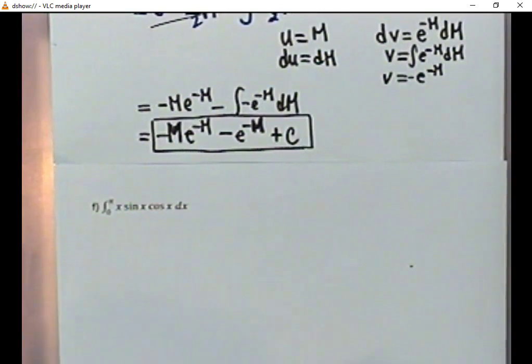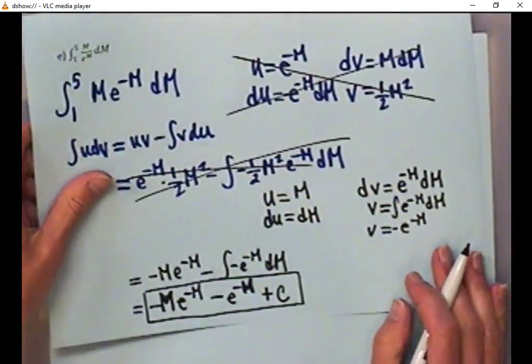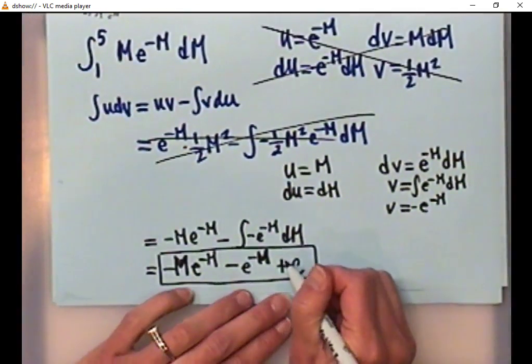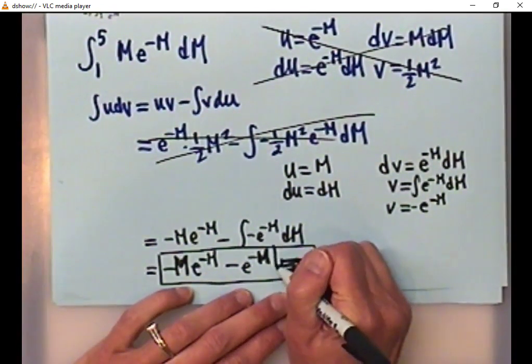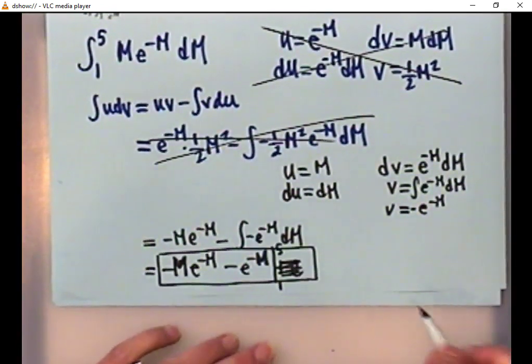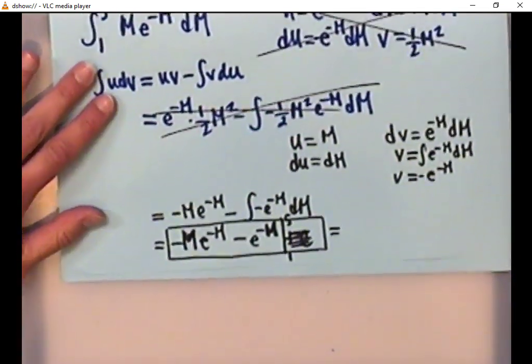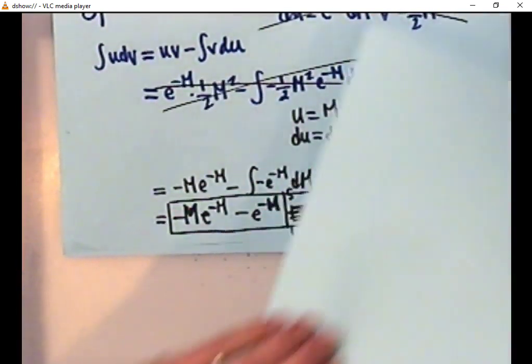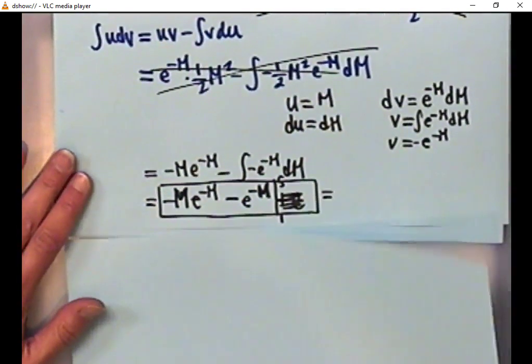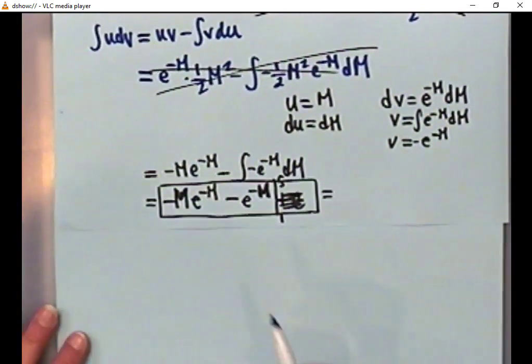Oh wait, there wasn't a plus C, was there? I forgot. What should I have done at the end of that one? It had some limits, right? Good thing I looked back. From 1 to 5. So let's finish that one off. Should have noticed that at the beginning. Alright, so once you have your limits, we'll just plug those in, 1 and 5.